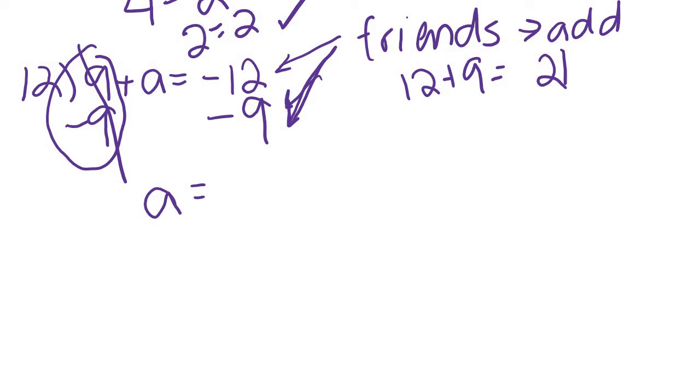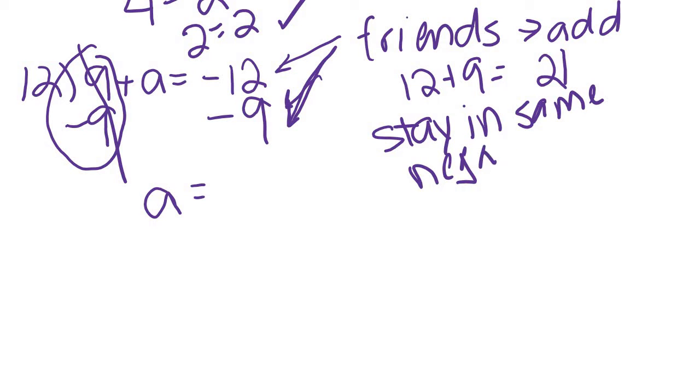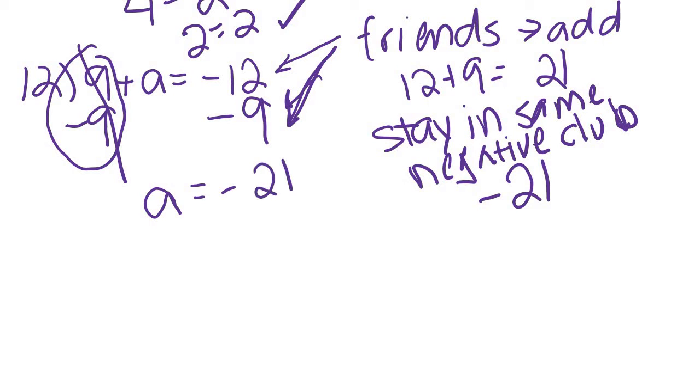And since they were both in the negative club, they stay in the same club. So our answer is negative 21. So a is equal to negative 21. Now a is by himself. We are done. Now let's check it.